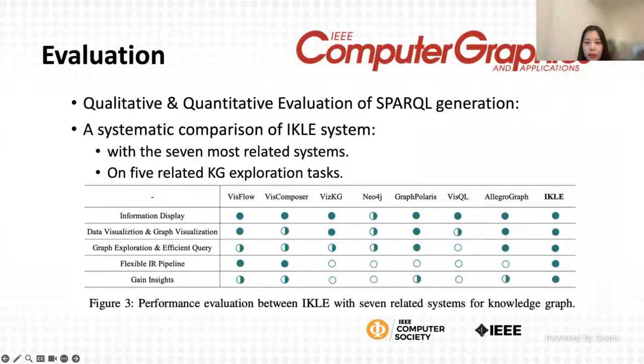Also, we have conducted a systematic comparison between our system and the seven most related systems that are introduced in the related work section. The comparative results demonstrate the unique strengths of our system and its potential as a valuable tool for knowledge graph exploration and analysis. Next, I will show a video to demonstrate three different use cases of our system.